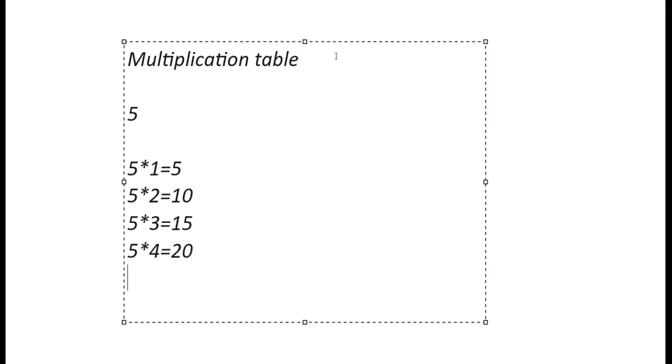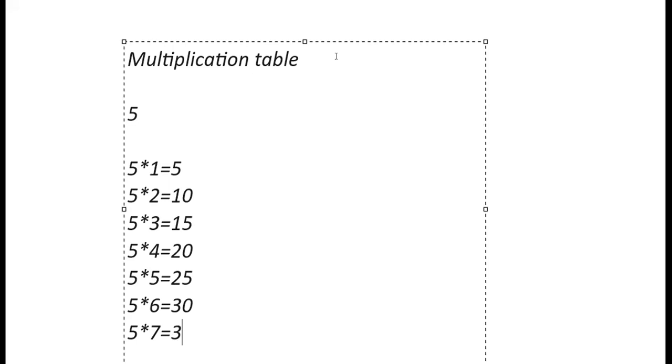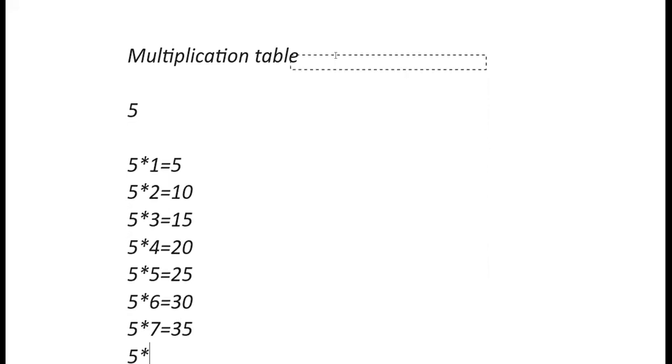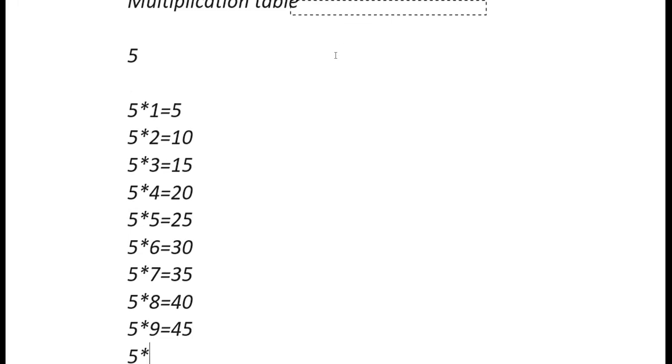No, 20. 5 fives are 25, 5 sixes are 30, 5 sevens are 35, 5 eights are 40, 5 nines are 45, 5 tens are 50. So this is what a multiplication table is. I hope you know it previously.